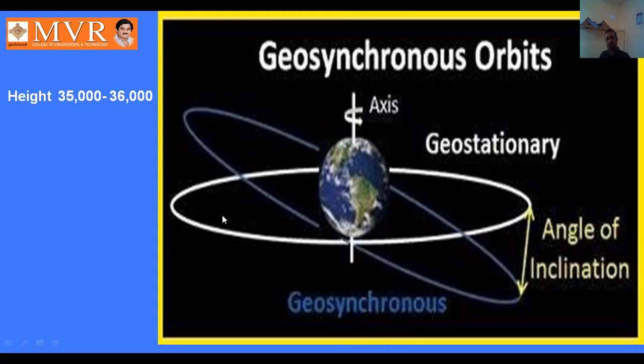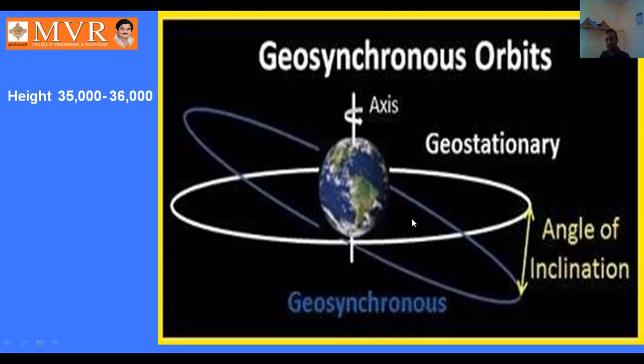The object rotating on the equator is called a geostationary satellite. The same properties also apply to the geosynchronous orbit, but with a slight difference.